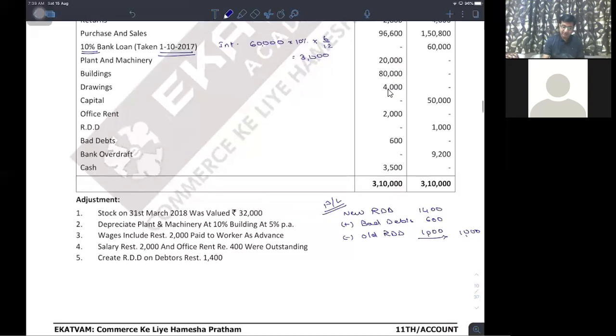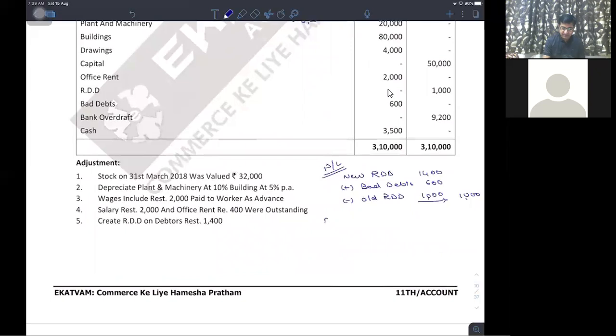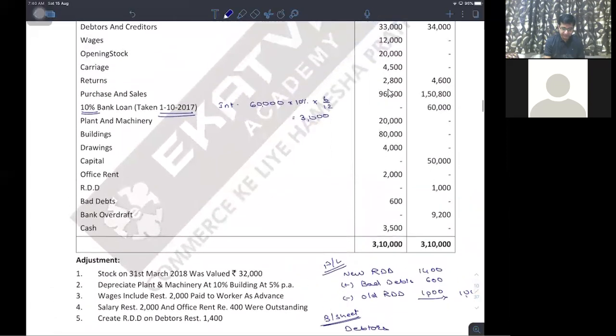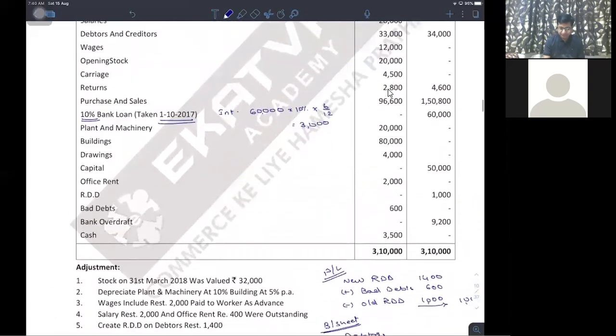Am I right? And then in the balance sheet, how will it be appearing? In the balance sheet on the asset side, you'll have debtors in the inner amount column. How much is given for debtors? 33,000.